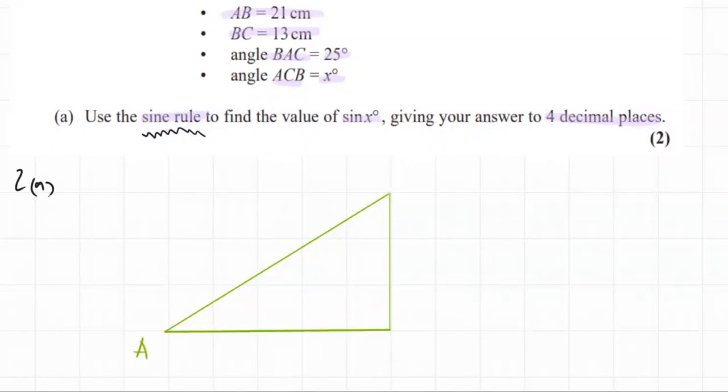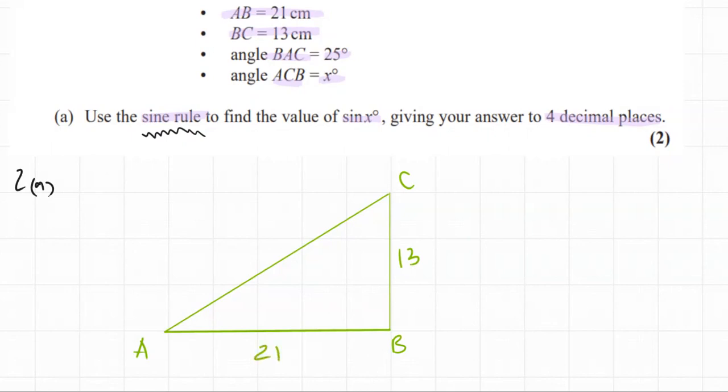Let's call this A, B, and C. Now, it might not be a 90 degrees triangle. This looks like a 90 degrees triangle, but I'm just to give an idea. So we know that BC is 13 centimeters, and we know that AB is 21, given.